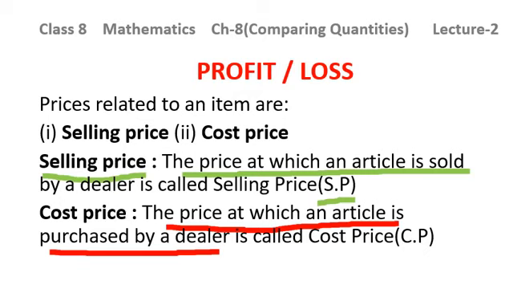The selling price is the price at which an article is sold by a dealer, SP. The cost price is the price at which an article is purchased by a dealer, CP. I hope all these terms are clear to you.